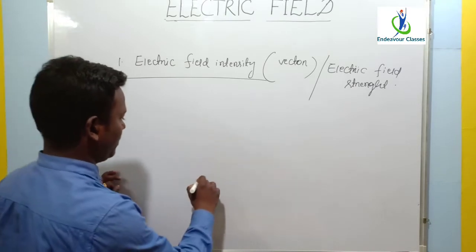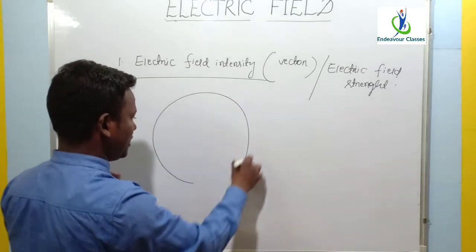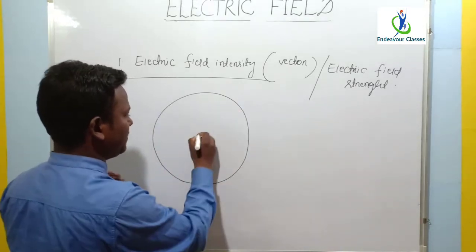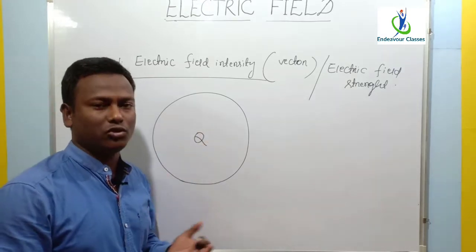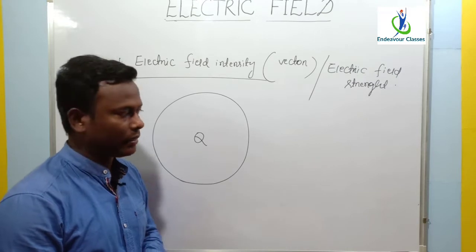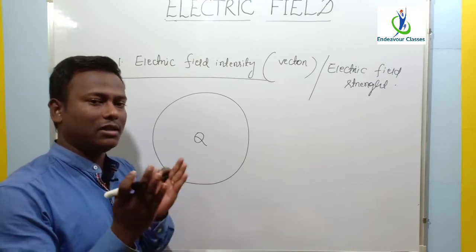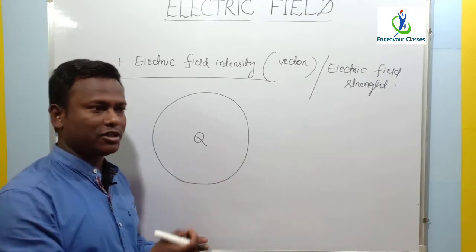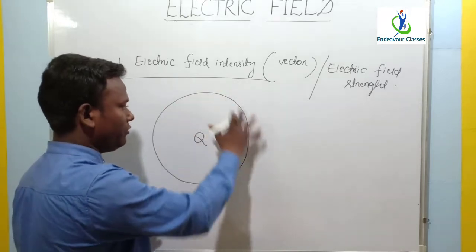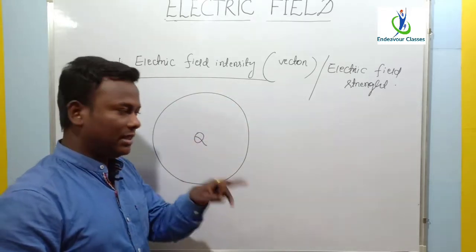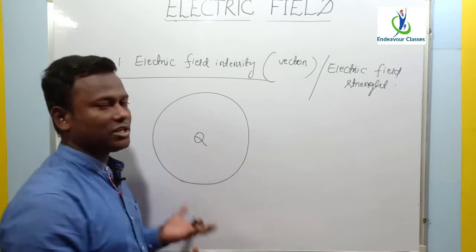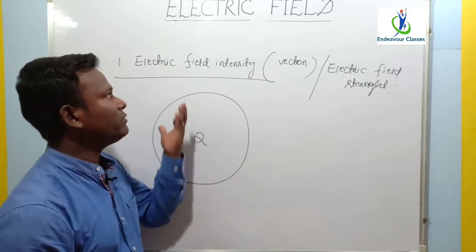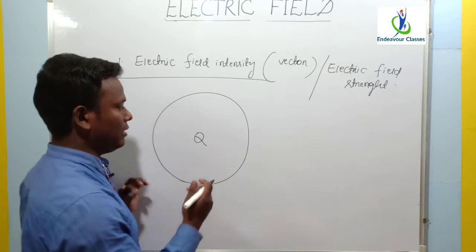You see, if you have any charged particle Q, then this charged particle will give rise to an electric field around it. Now if you bring another charged particle into the field of this charge, then that charge will experience a force inside the field. It is quite evident from the definition of electric field.